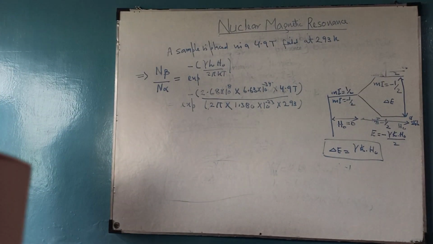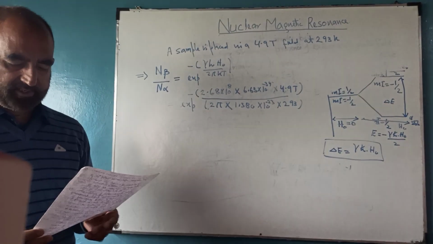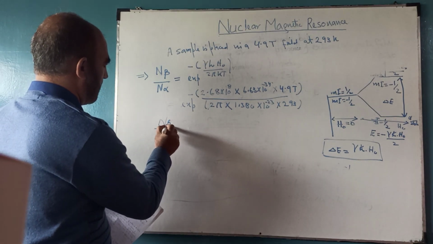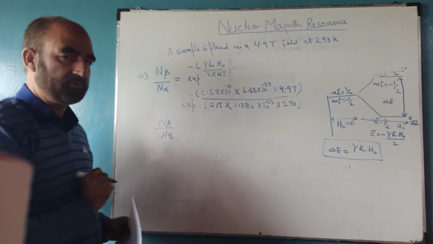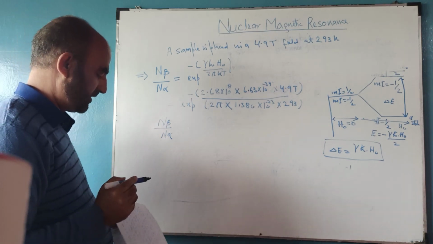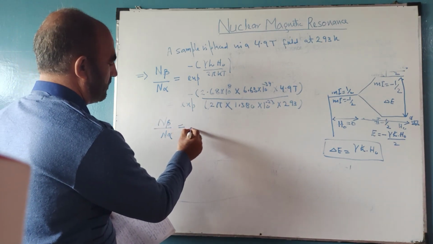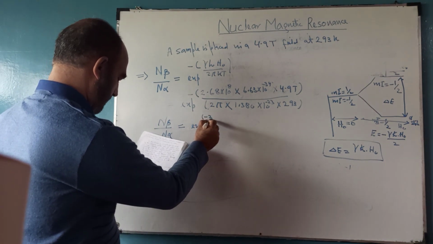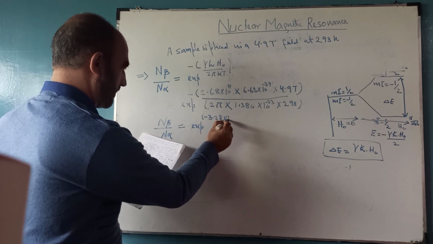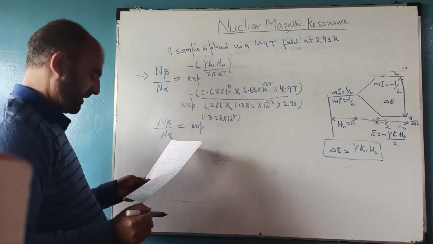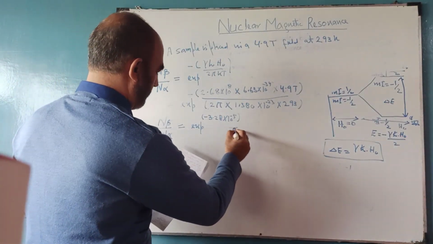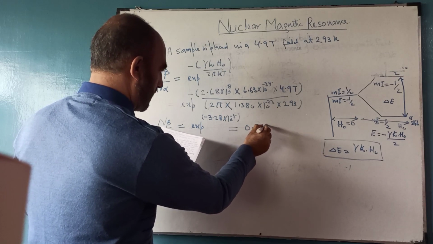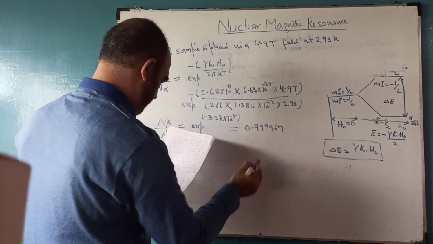When we do the arithmetic, we get the ratio n beta by n alpha, the relative distribution of protons in the two states, equal to exponential minus 3.28 into 10 raised to power minus 5, and that will be equal to 0.999767.